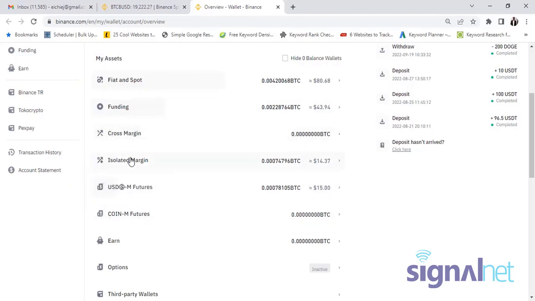These cross margin, isolated, USD-M futures and coins are things I'm going to explain today. So please pay attention. There are also wallets, but they are used for trading purposes. And I will show you how to use them in such a way that you have an advantage while using them.